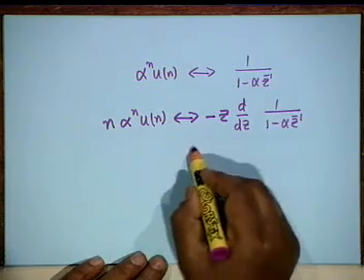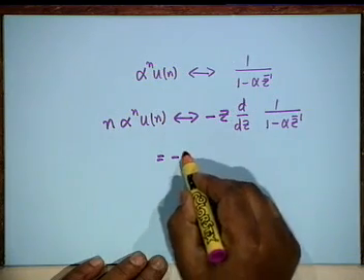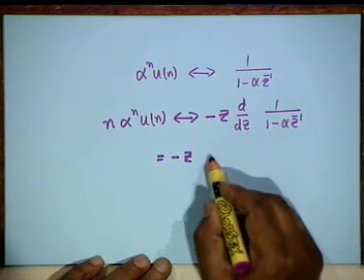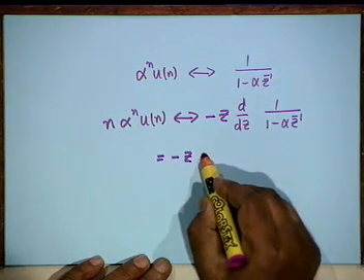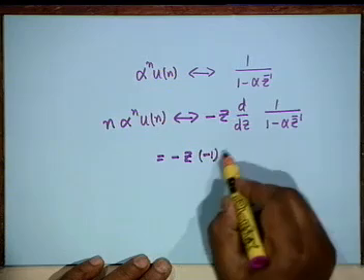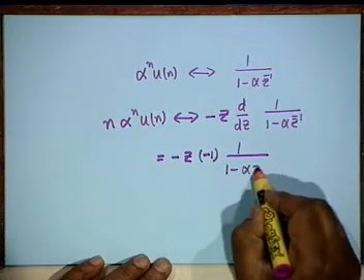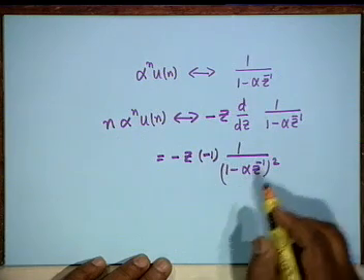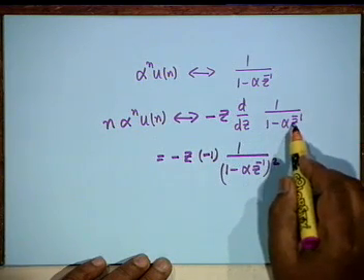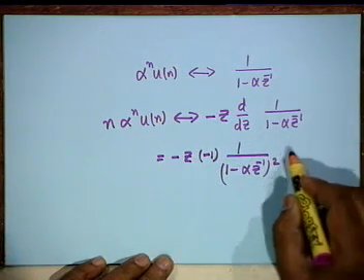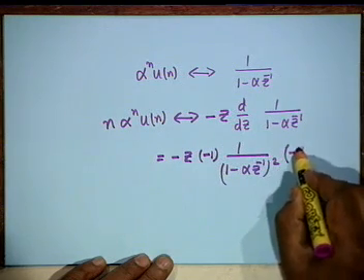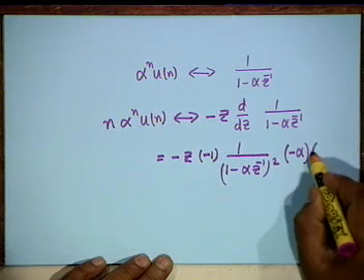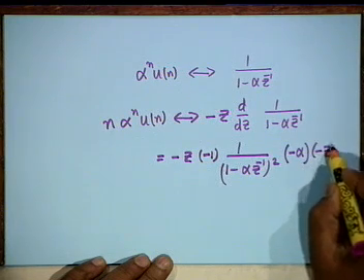Differentiating with respect to z, first there will be a minus sign, minus 1 by 1 minus alpha z inverse whole squared, then the differentiation of the denominator, which gives minus alpha times the differentiation of z inverse, which is minus z to the minus 2.